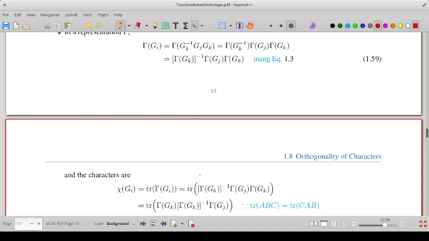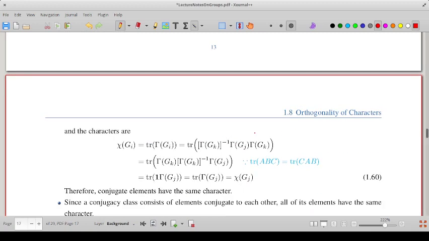That will be equal to the trace of this matrix, the trace of gamma Gk inverse times gamma Gj times gamma Gk. But now trace of ABC is equal to trace of CAB. So we can permute the matrices in the product cyclically so that the trace remains invariant.